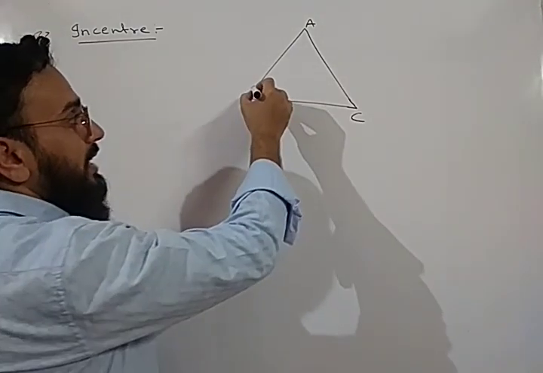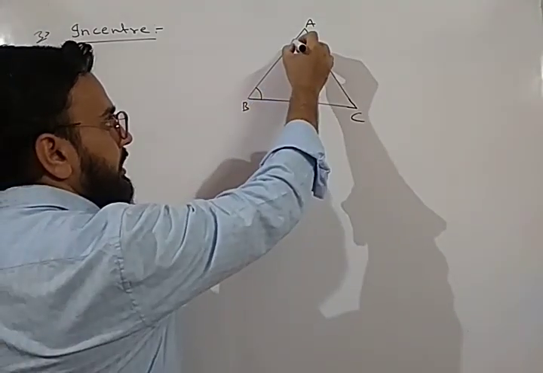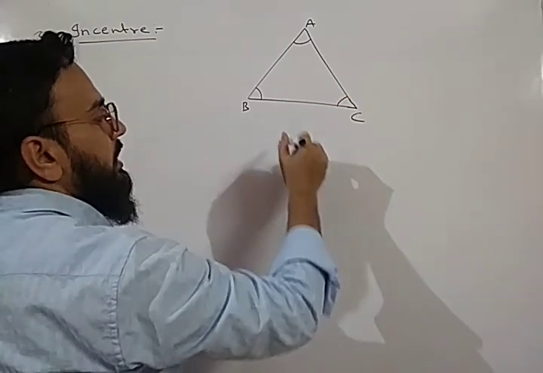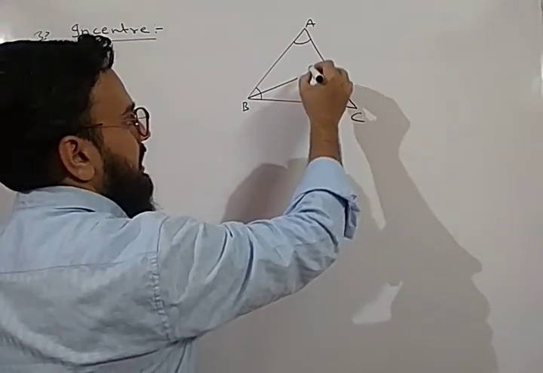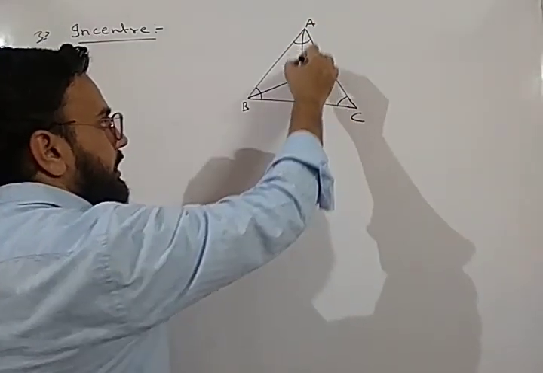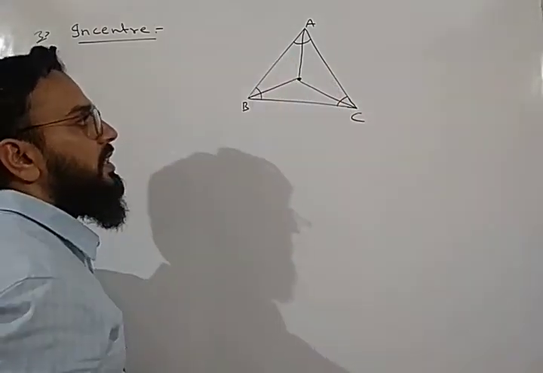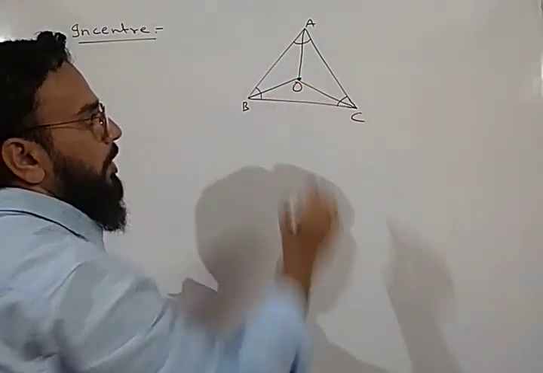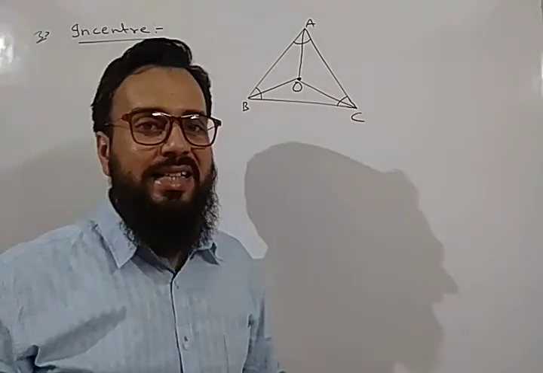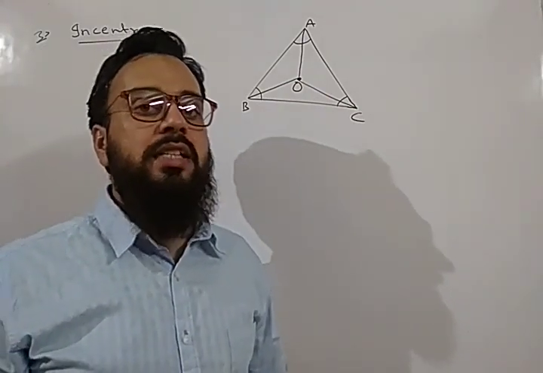If we draw the angle bisector, there are three angles, angle A, B and C. If we draw the bisectors of this angle, bisector of angle A, bisector of angle B and bisector of angle C, so this point O will be known as in-center. Why it is called in-center?